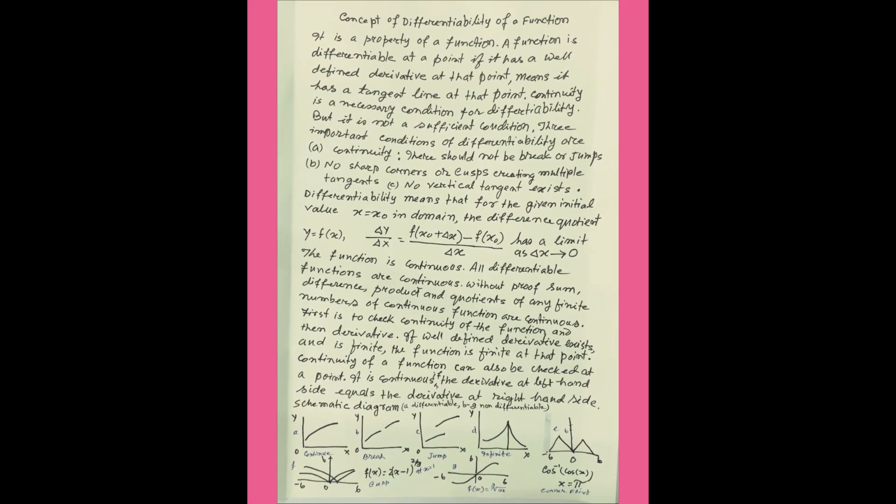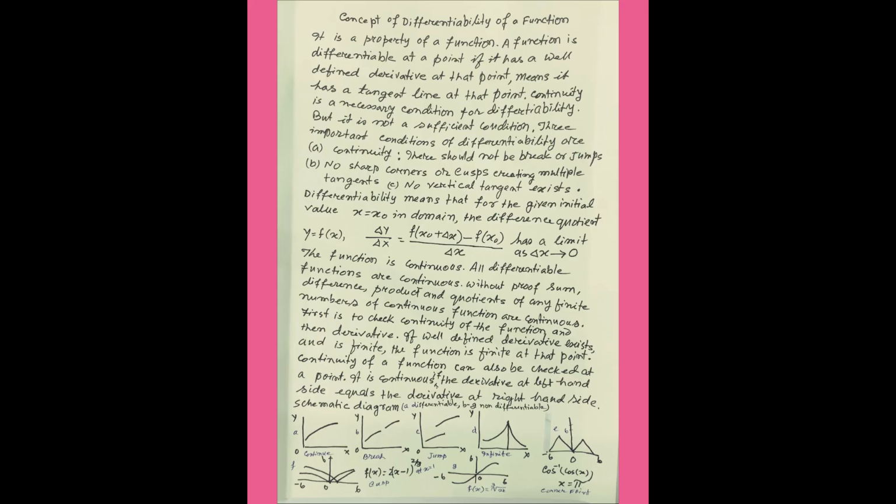So when you say dy by dx, suppose q is a function of x and y, then dq by dx or dq by dy is the tangent line at that point. To be differentiable, continuity is necessary.